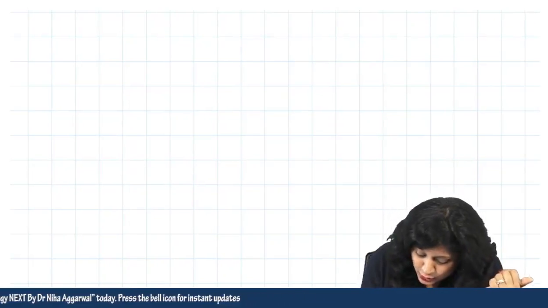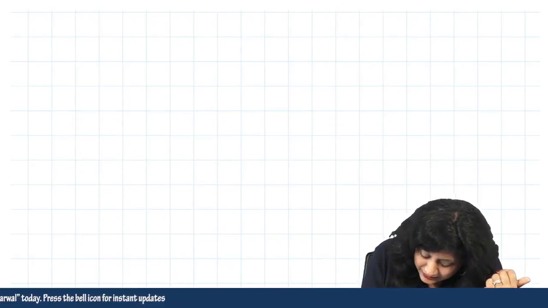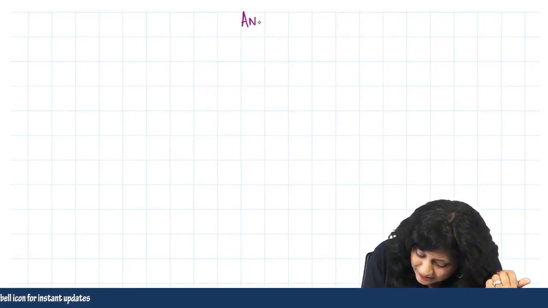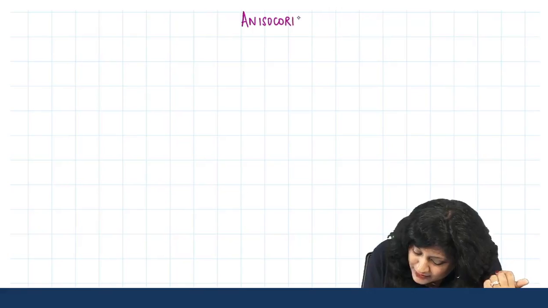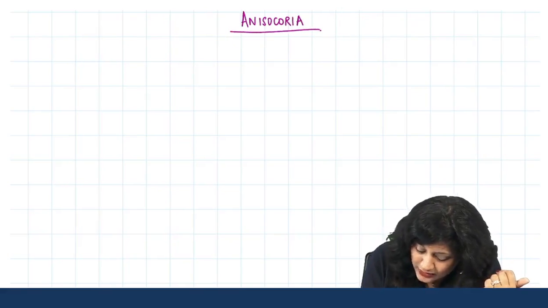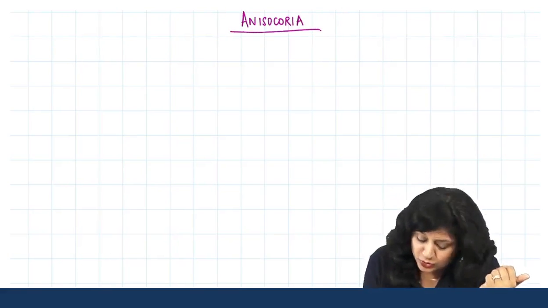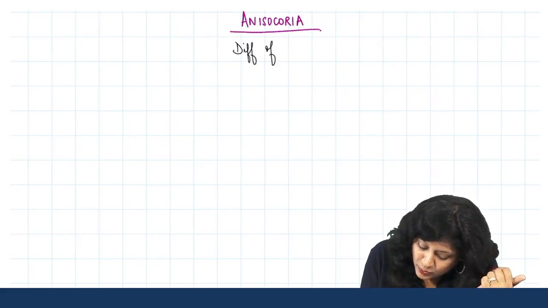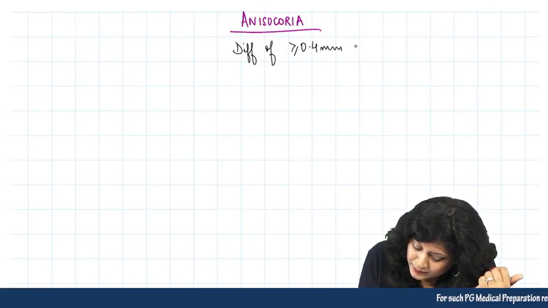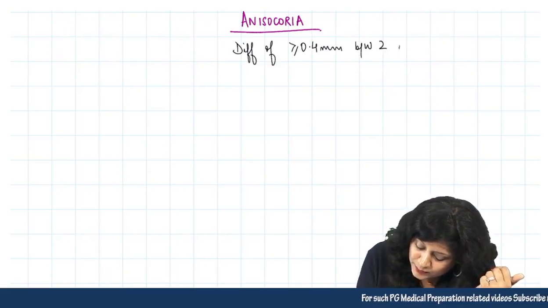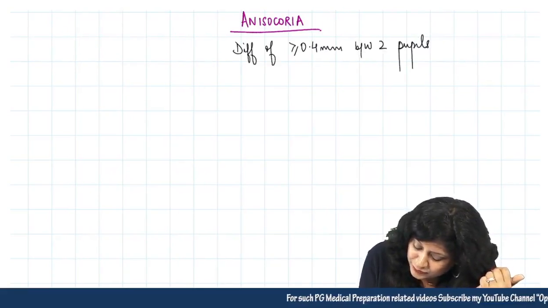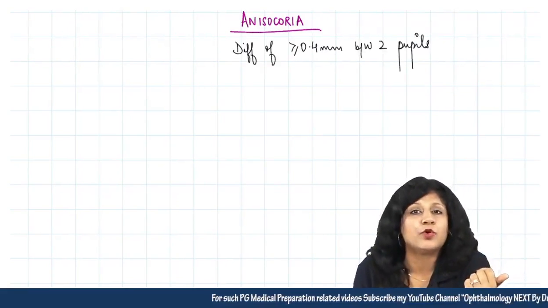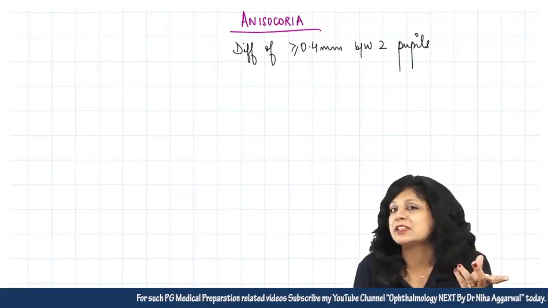So let's get started. If the patient is having anisocoria, first of all, what do you mean by anisocoria? If there is a difference of more than or equal to 0.4 mm between the two pupils, then we can say that this patient is having anisocoria.